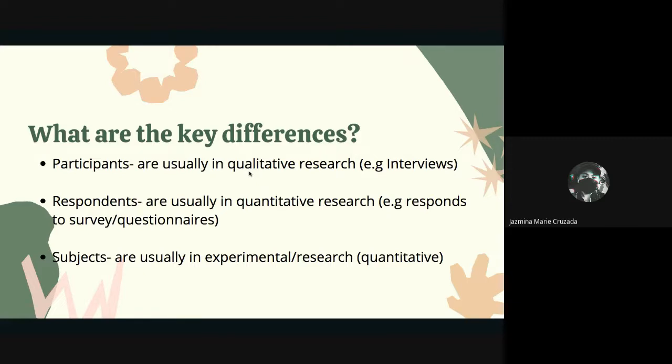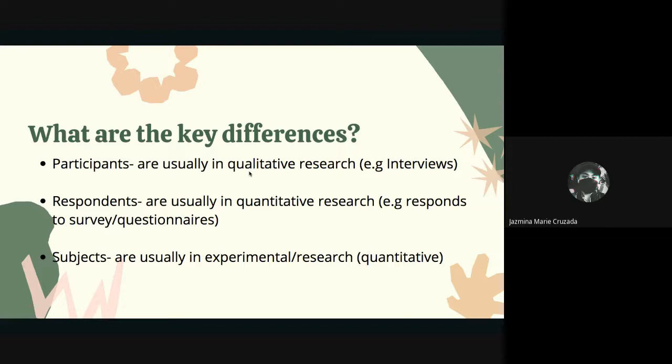Subjects are usually in experimental research. These are the group of people involved in the researcher's experiment, which is usually also in quantitative research. Subjects can be either the experimental or control group, depending on the researcher.